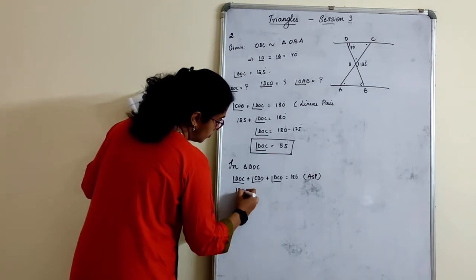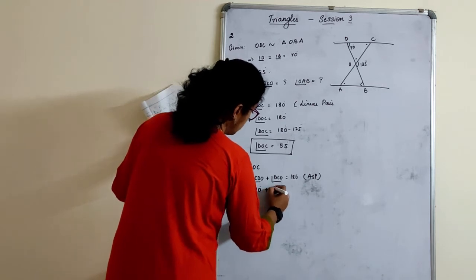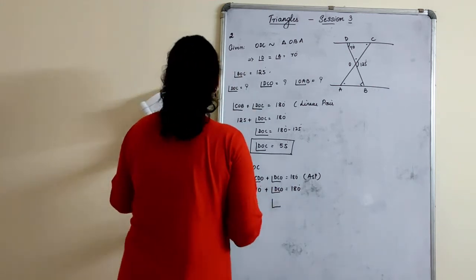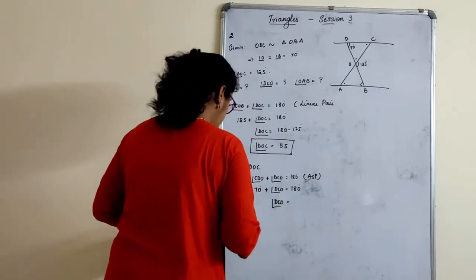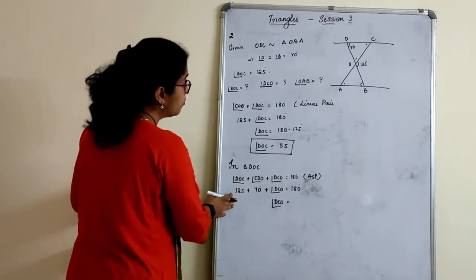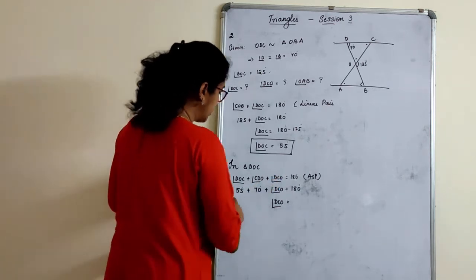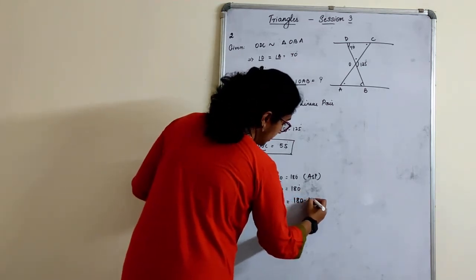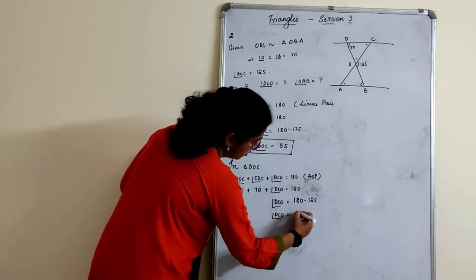DOC is 125, no, 125 will not come here, children. That's what I got confused. I was wondering, if it is, then it will be more than that. 55 plus 70 is how much? 125. So 180 minus 125. Angle DCO is equal to 55 degrees.